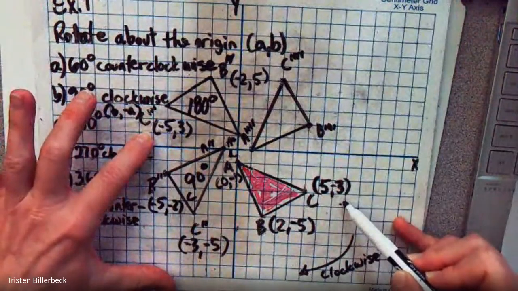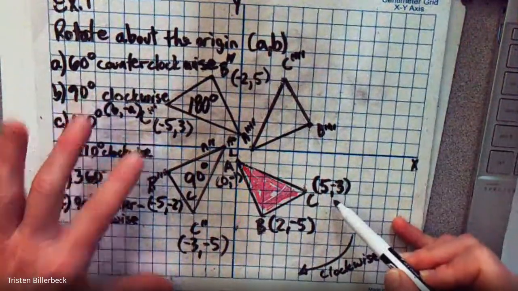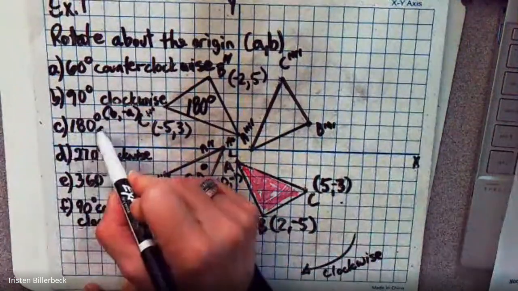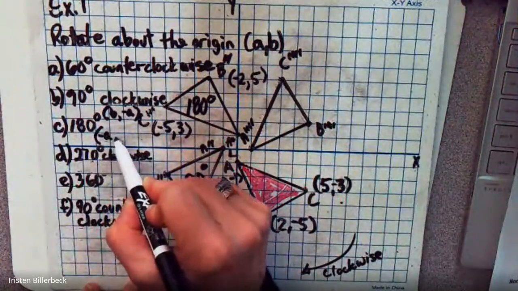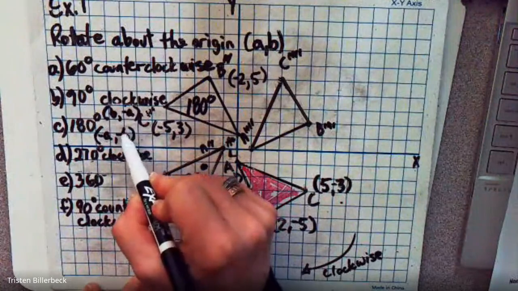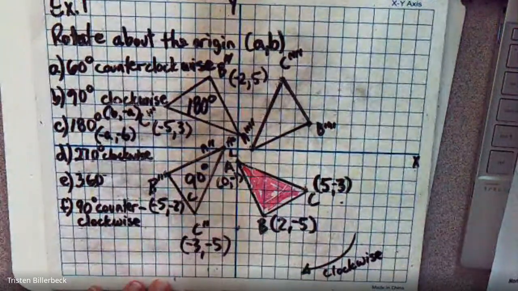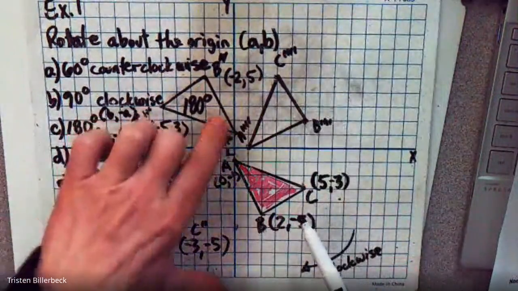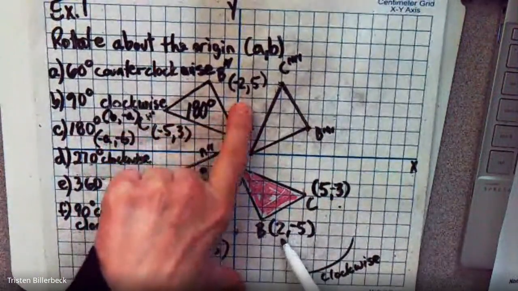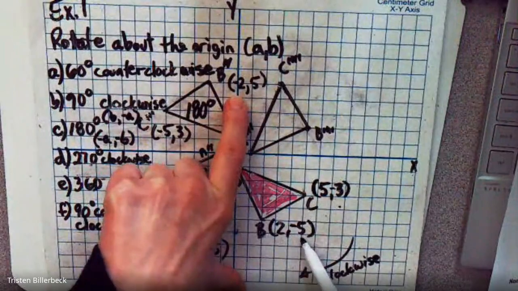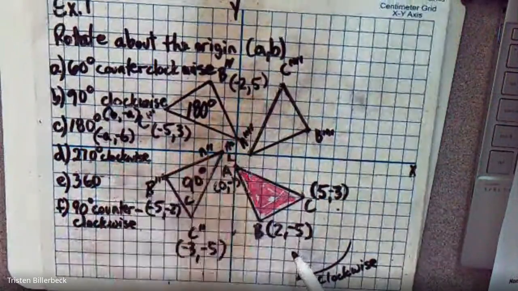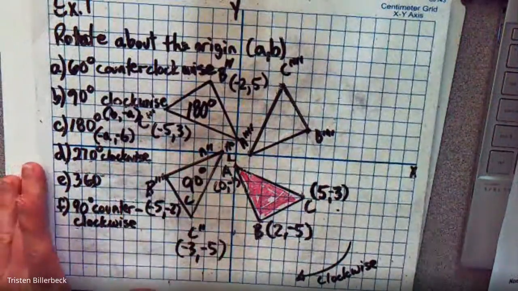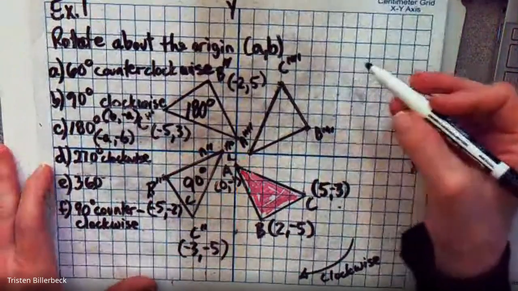So it looks like both of these for 180 becomes -A, -B, but they don't swap. Okay, let's check and see if that works. So for B, I had a +2, which became a -2, and a -5 became a +5. So that works.